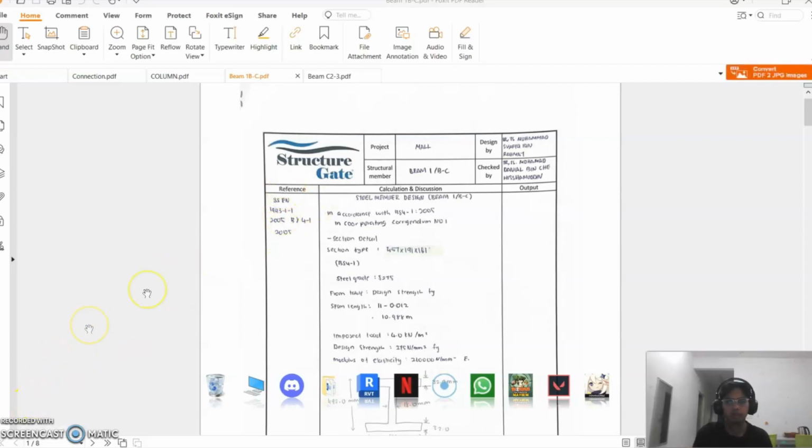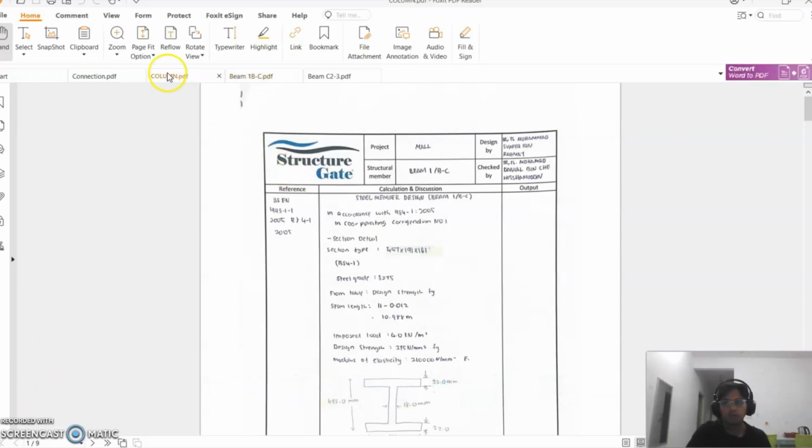This value is the same as beam 3 BC and beam 2 BC. And then I go through the column.